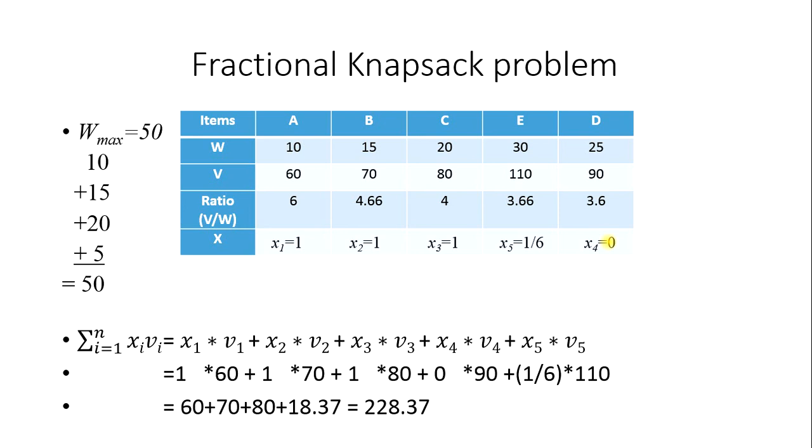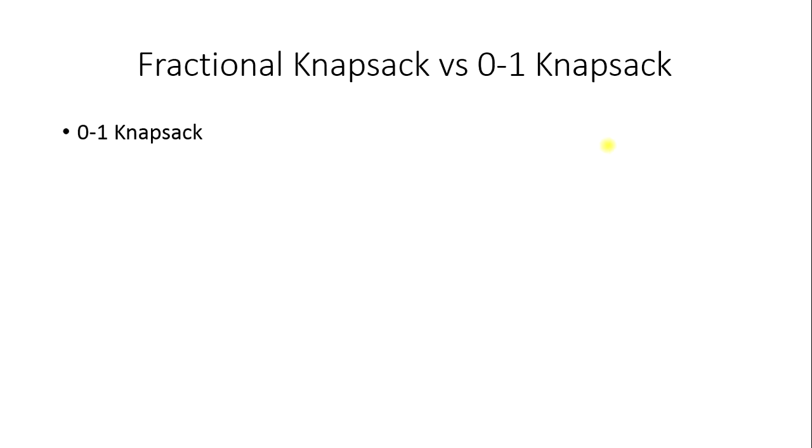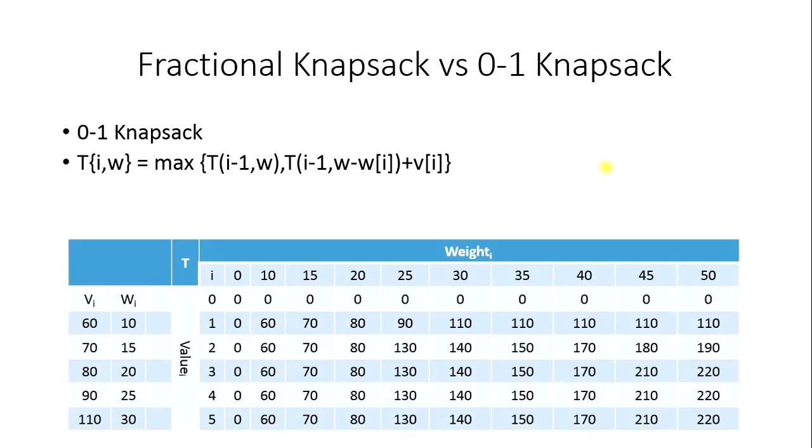So how do we know it is better than 0-1 knapsack? We have already discussed 0-1 knapsack with another example in one of our previous videos, but for the sake of comparison we will take these values and compare them to the 0-1 knapsack. 0-1 knapsack, we know, either takes the whole item or doesn't take it. This is the formula using dynamic programming that we use to solve it, and this is the entire table that can be generated by the method. You can see the video of 0-1 knapsack for how this whole table is generated.